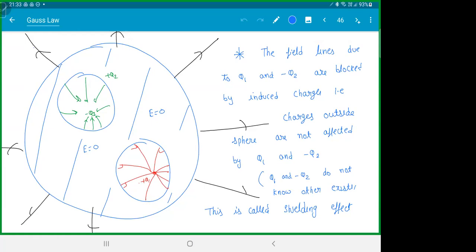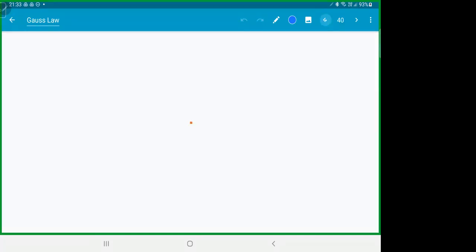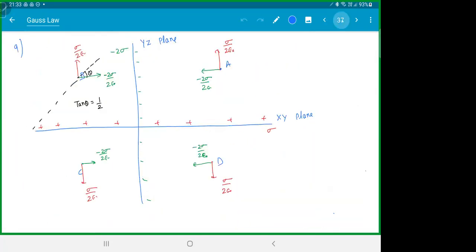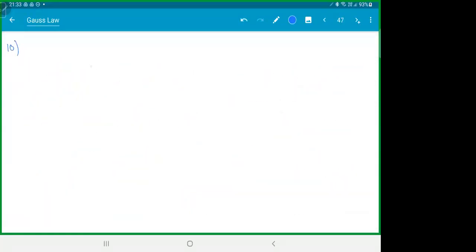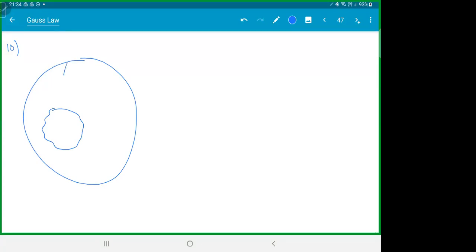Let's see a question. Let's say we have this thing and we have a random cavity here.